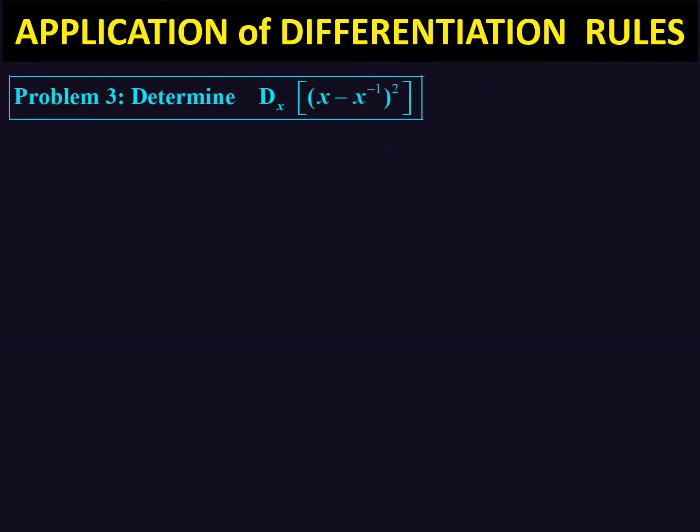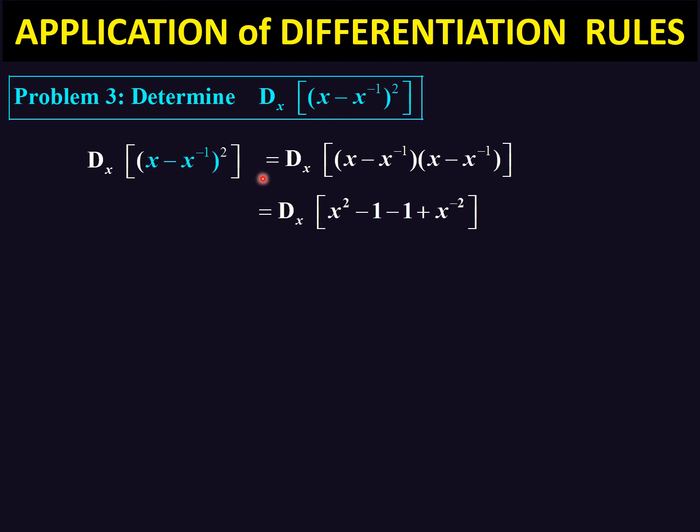Let's take another example. Here we have an expression that's in power and that's in power, but we don't want any products here. So we need to expand that, and be careful how you expand. If we expand that, x times x is x squared. x to the 1 times x to the negative 1 gives me a 1. x to the negative 1 with x also gives me a 1.